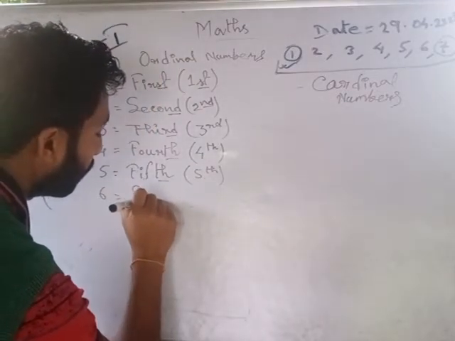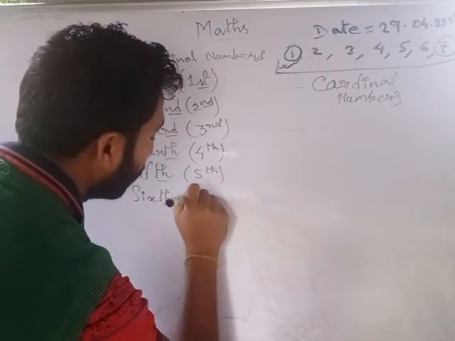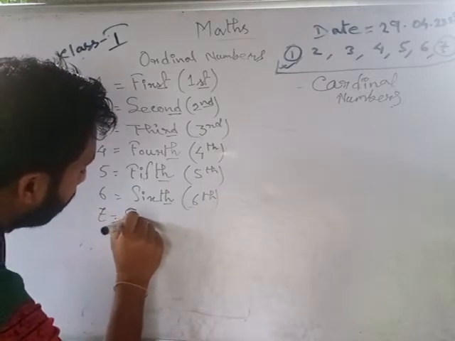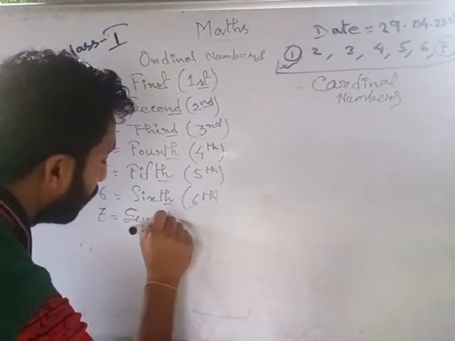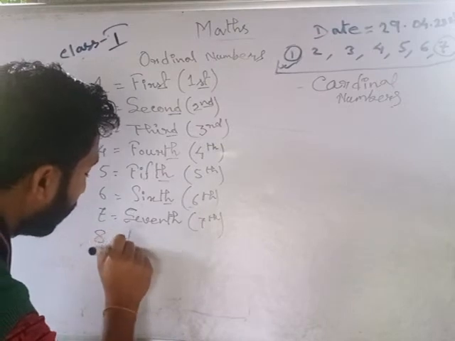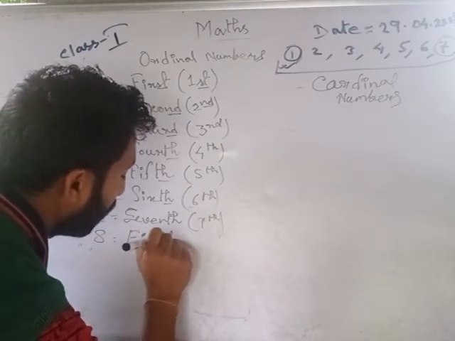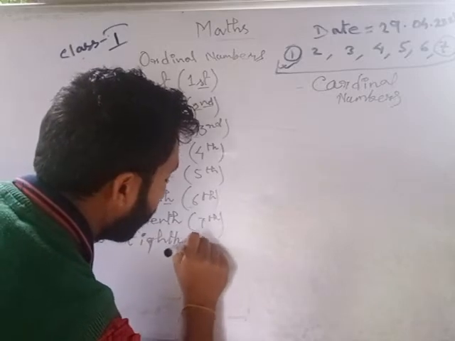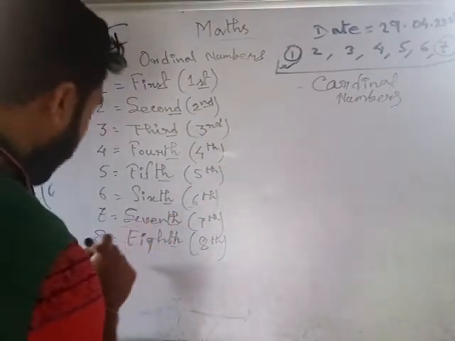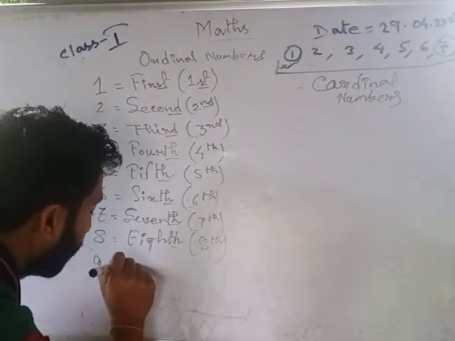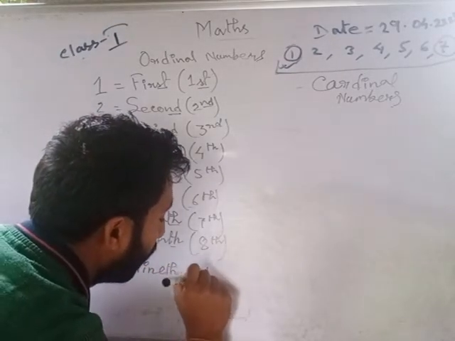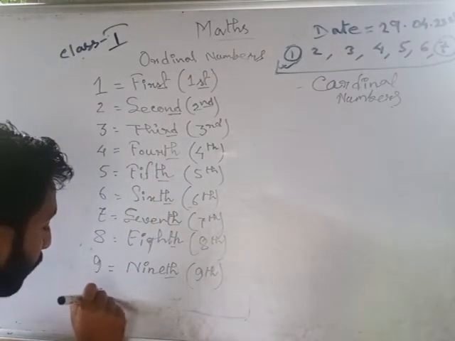Sixth also, the same. 7, 8, 9 also the same, TH. Okay. If it is 9, also 9TH. 10.